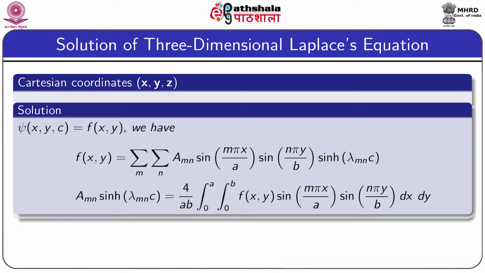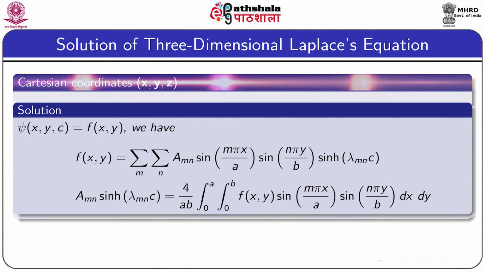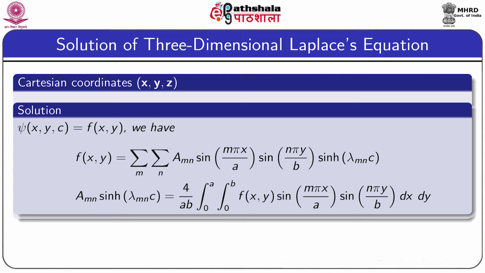If you see this expression, this is a very well-known series, called the double Fourier series. So, the coefficients A_mn can be obtained in this way. We have to multiply this series with sin(mπx/a) sin(nπy/b) on both sides, and then integrate over 0 to a and 0 to b.